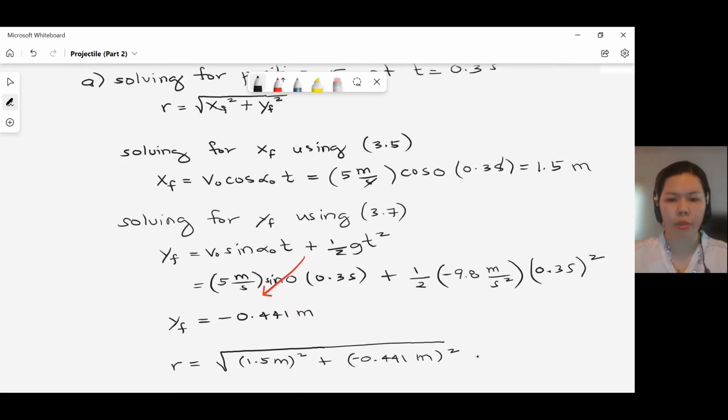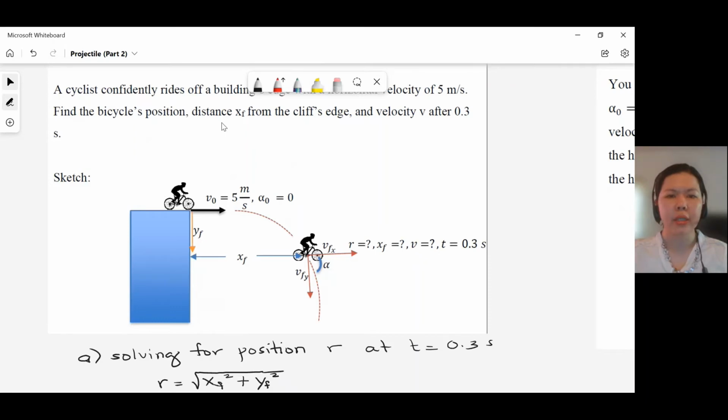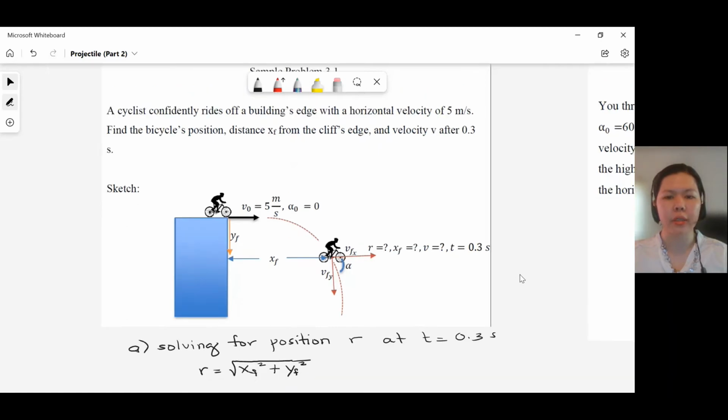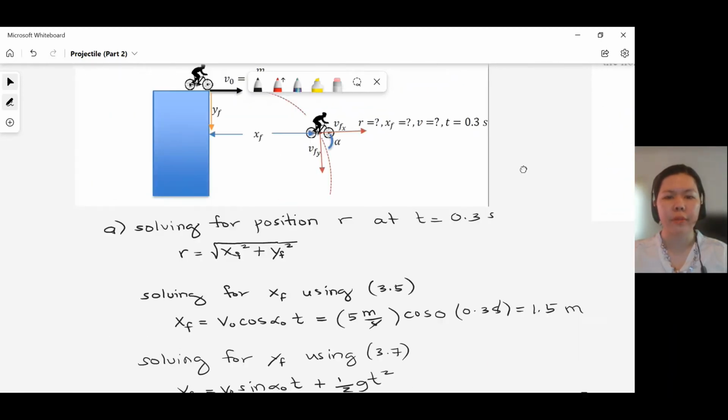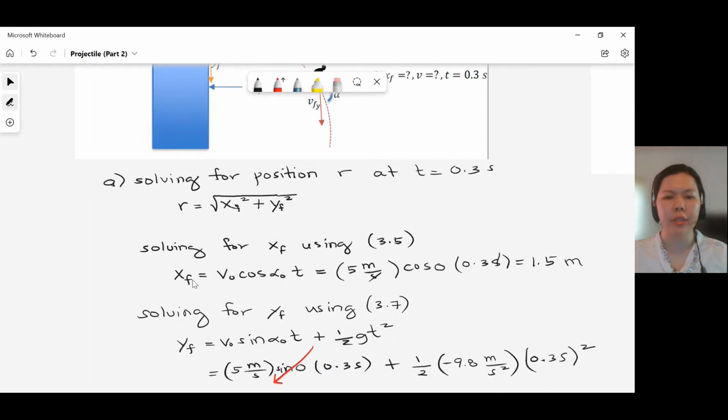Using your calculator, you should obtain an answer of 1.56 meters. Distance xf from the cliff's edge, so we have already solved that. The answer for xf is 1.5 meters.